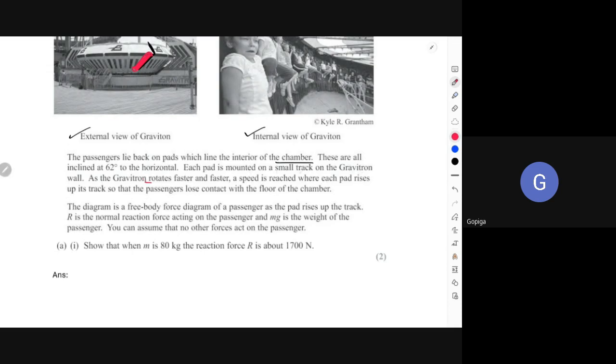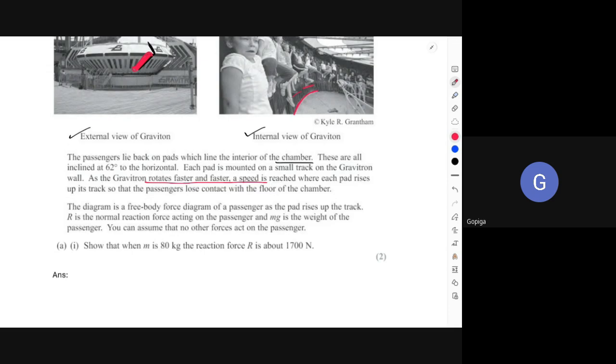As the Gravitron rotates faster and faster, a speed is reached where the pad rises up its track, so the passengers lose contact with the floor of the chamber. At the very start, the passengers were connected to the floor, but as the Gravitron continued to rotate faster, none of their feet are connected to the floor, right? Their seats will be lifted up.